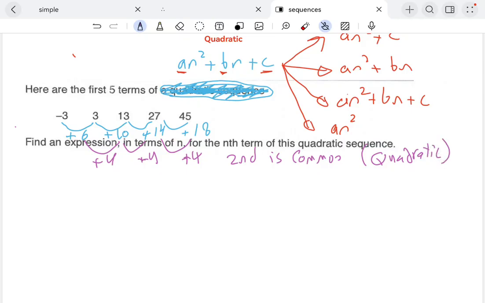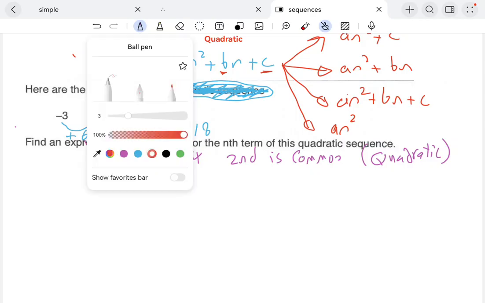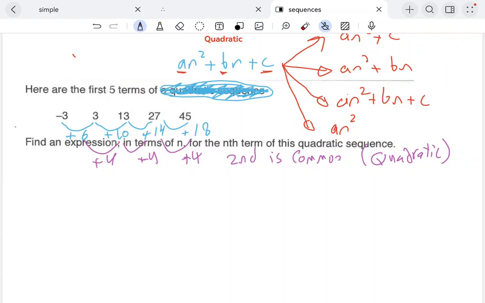Okay, I know that the quadratic is an squared plus bn plus c. Okay, how do we find a? Every time you want to find a, the coefficient of n squared, a is equal to the second common difference divided by 2.